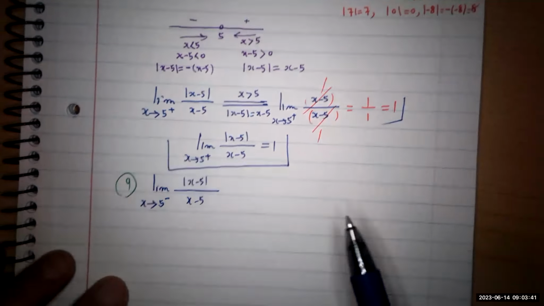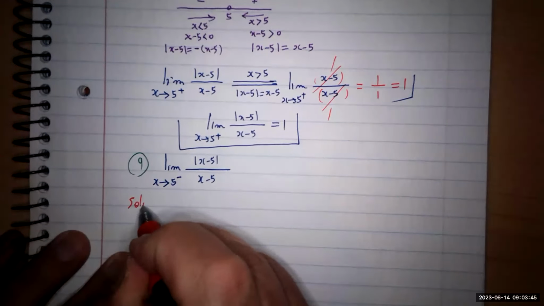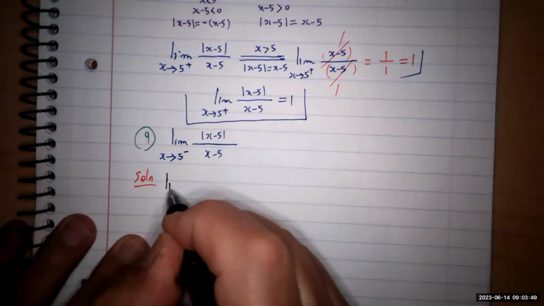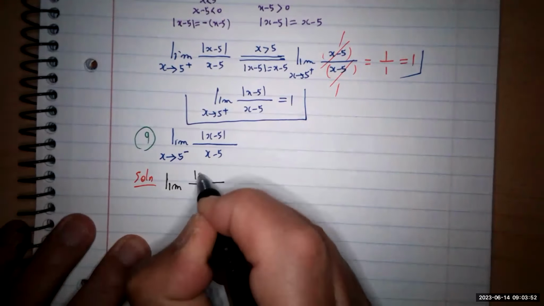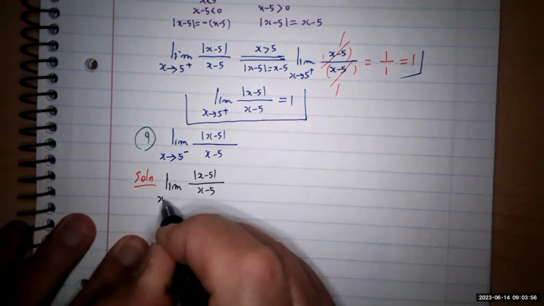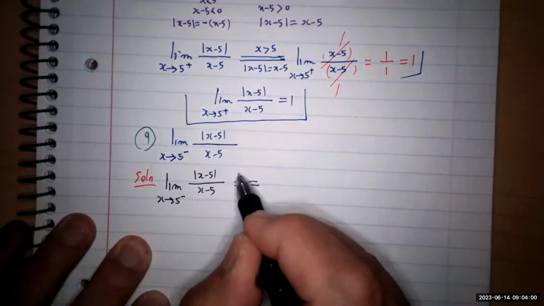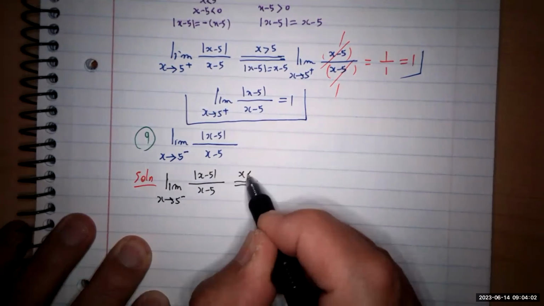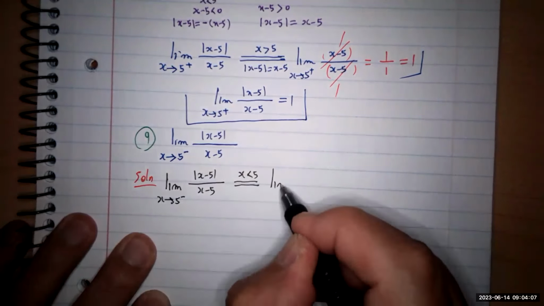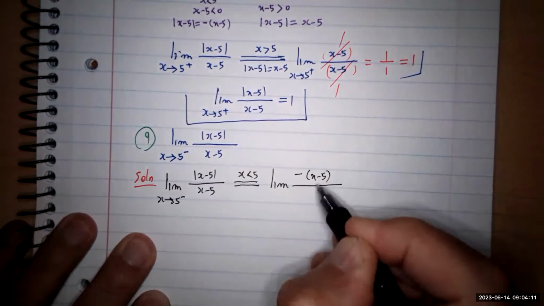Okay, so be careful to see which one it is. And you have all these categories in your assignments. So that's it, the limit of the absolute value of x minus 5 over x minus 5, x goes to 5 negative. So for your information, you just think about that x is less than 5 this time. So when it's less than 5, it's going to be the limit where the top would be negative (x minus 5). Opposite.